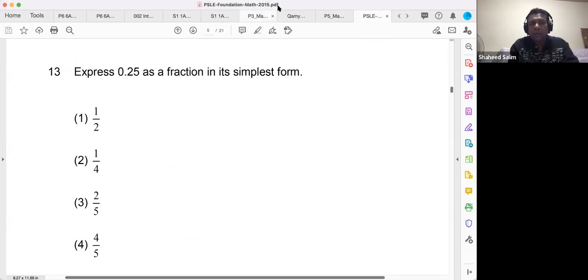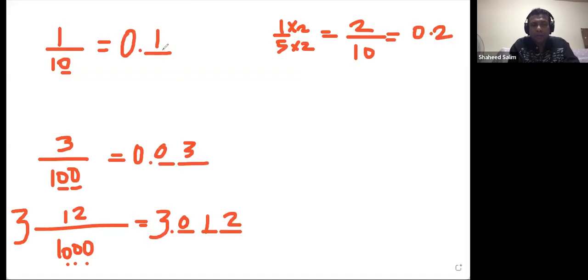Okay. I must teach you now the other way around. Sorry, now the reverse. How to change this one to this? You look, if this is one blank, that means it's over 10. Put 1. Blanks after the point, that means it's over 100. Put the number 3 on top. Can you see now?